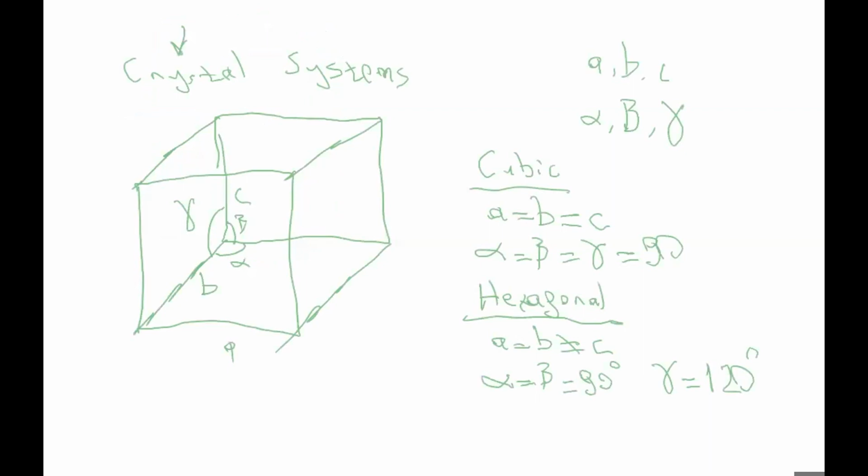What else do we have? We have tetragonal, right? Tetragonal crystal system. Again, A is equal to B, which is not equal to C, but all the angles are 90 degrees. Ismail, do you remember other crystal systems?